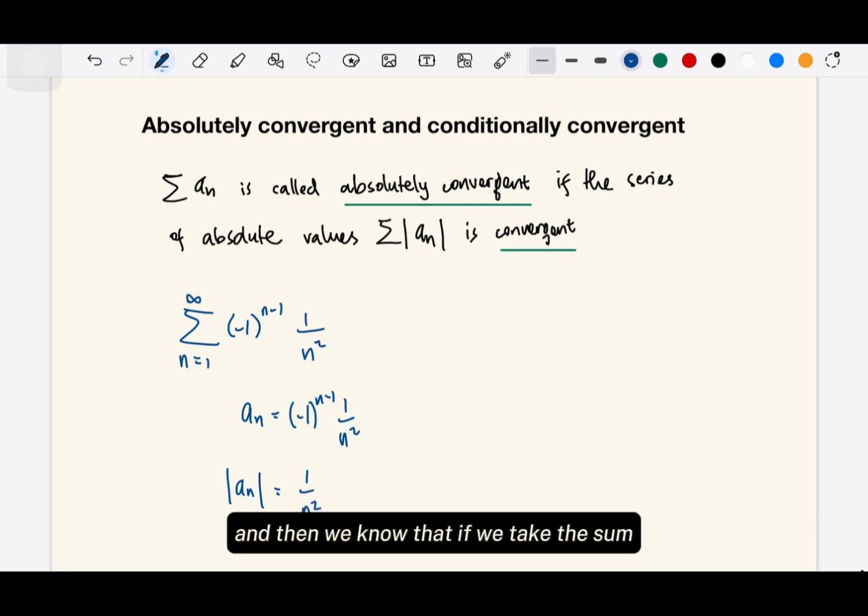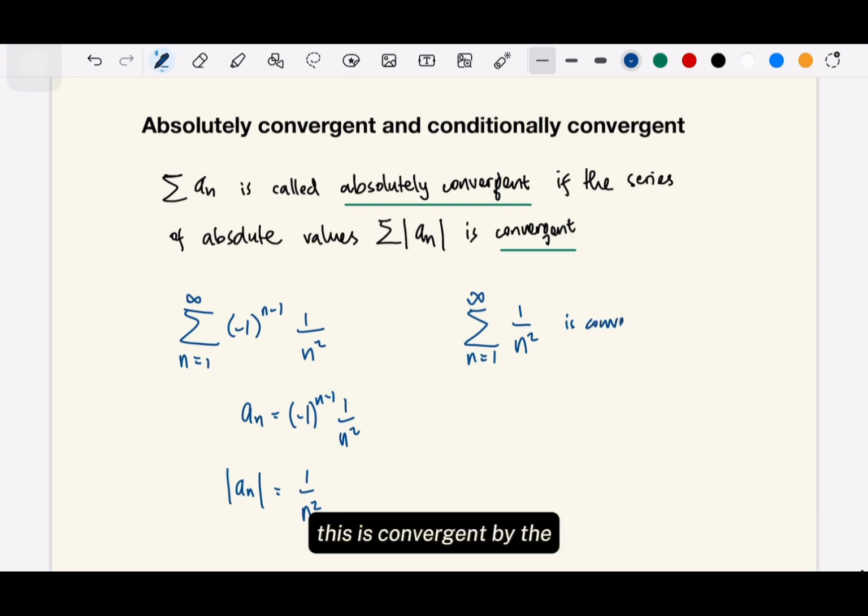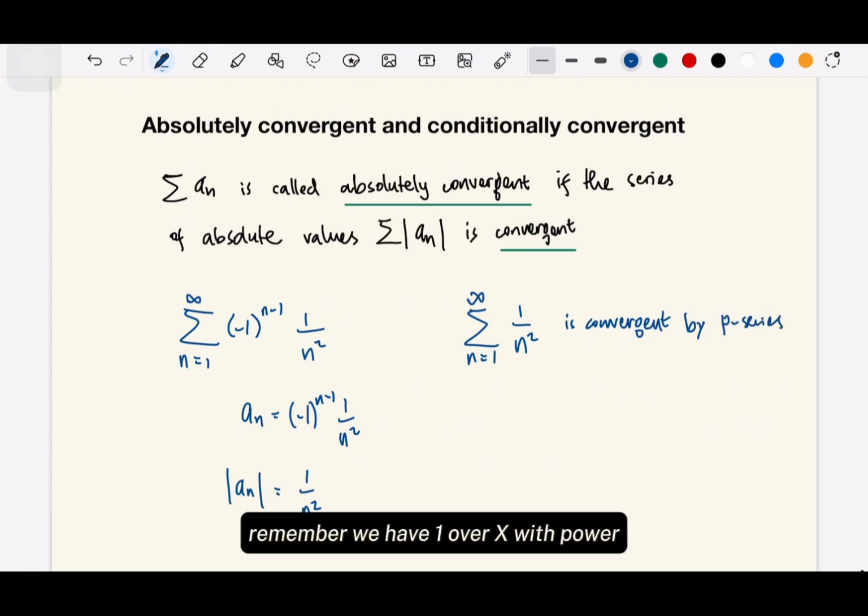And then we know that if we take the sum of 1 over n squared, this is convergent, right? This is convergent by what we call the P series. Remember we have 1 over n to the power of p.